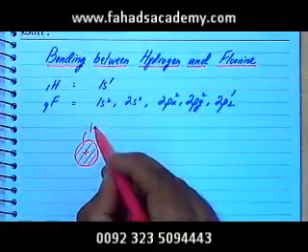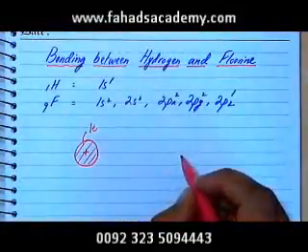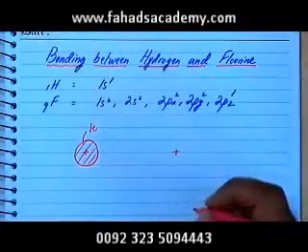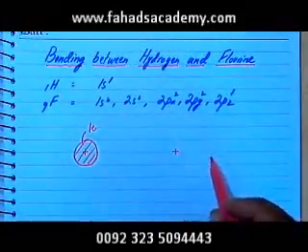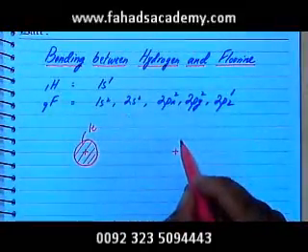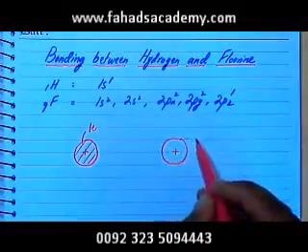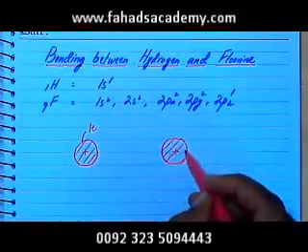So there's only 1 electron roaming around in this half-filled orbital. Similarly, let's draw a fluorine atom. So there are 2 electrons in the 1s orbital. So this is a 1s orbital, and these are the 2 electrons filling the 1s orbital.